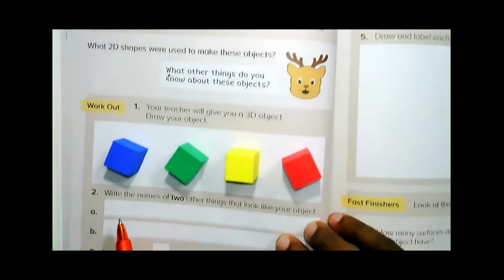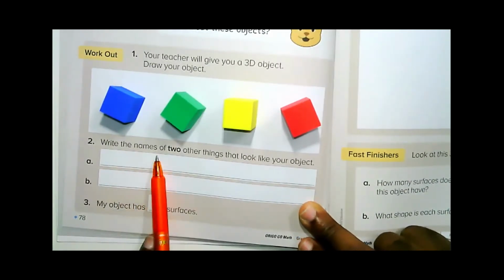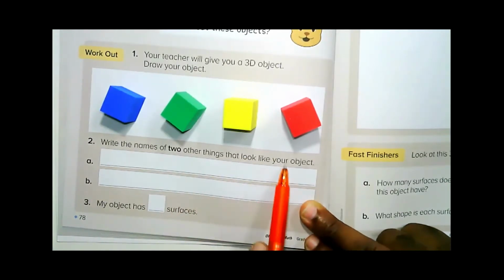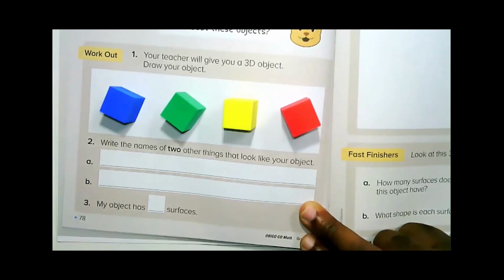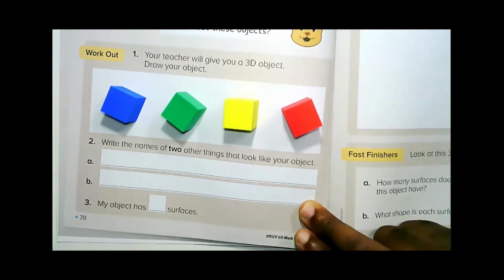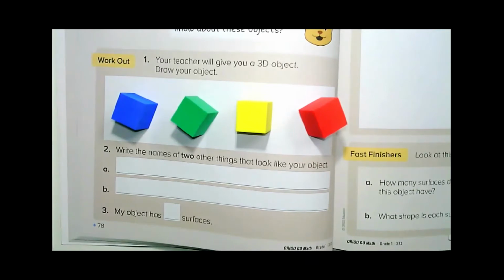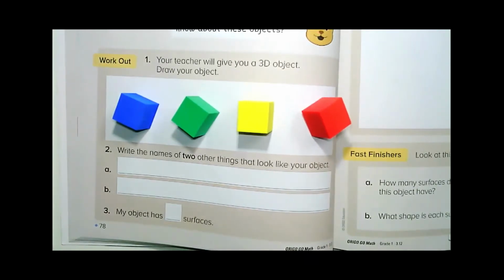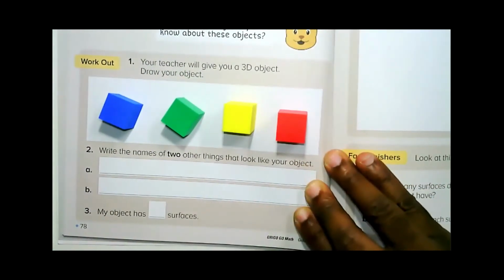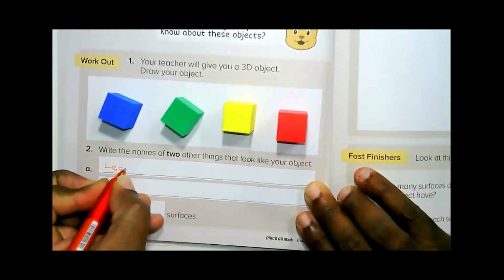Now write the names of two other things that look like the objects. This one, what do they look like? They can look like Legos, right?